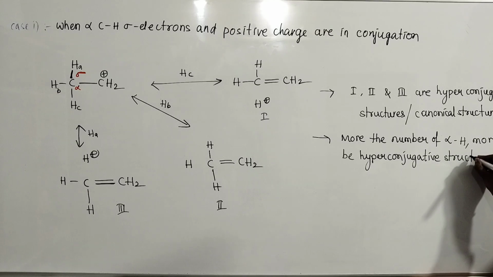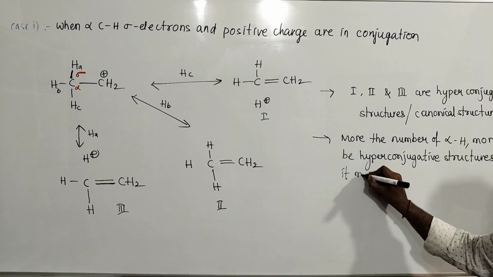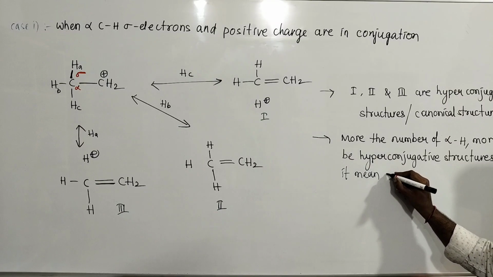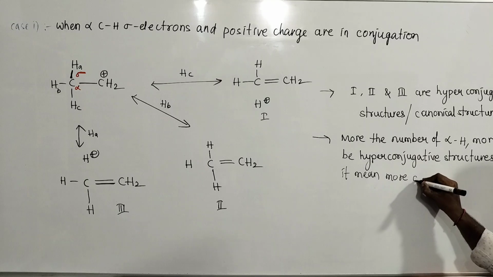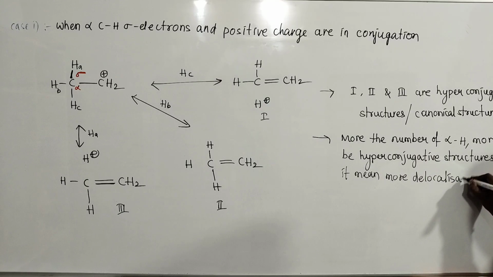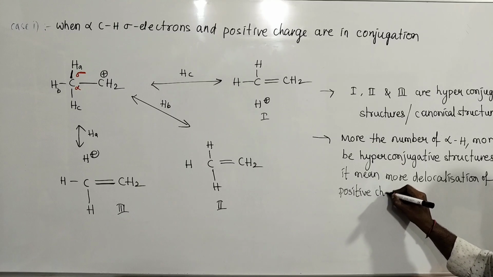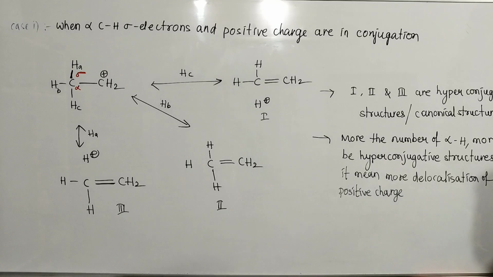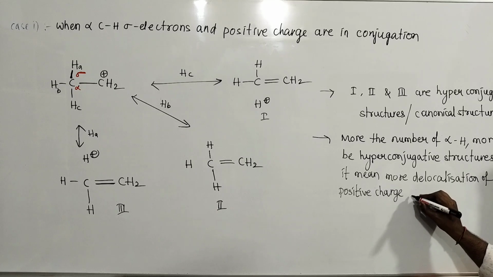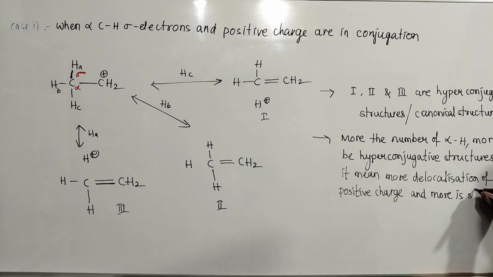More hyperconjugative structures mean more delocalization of positive charge, more delocalization of any charge, and more is the stability. More the delocalization of charge means more is the stability.